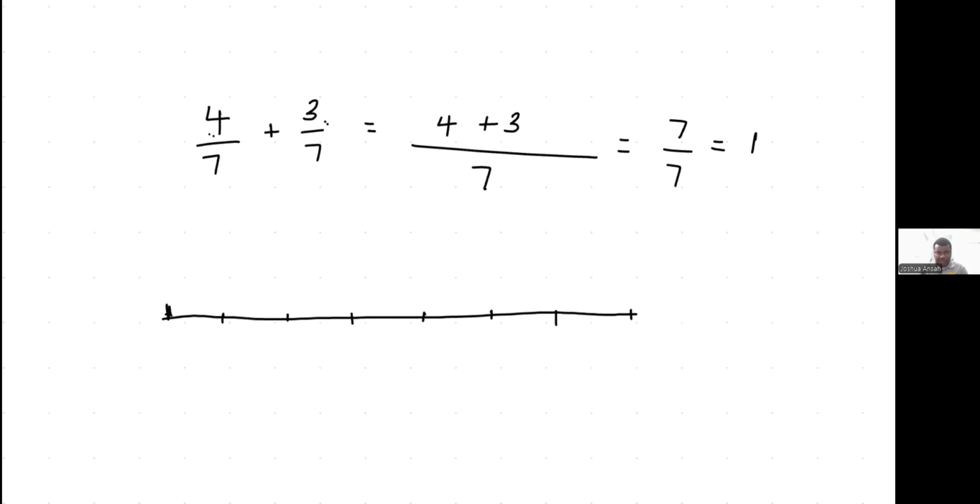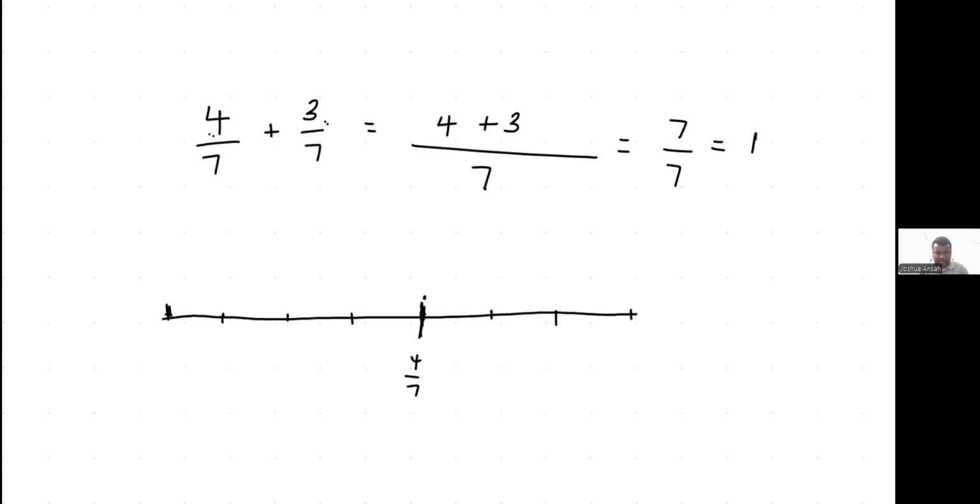I've divided it into 7 parts. So 4 out of 7 is going to be here, the fraction 4 out of 7.